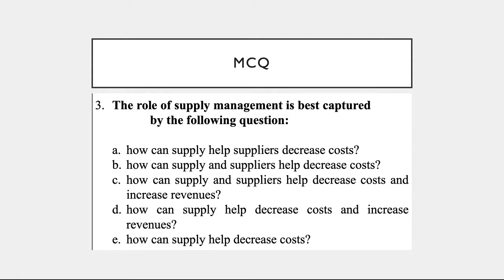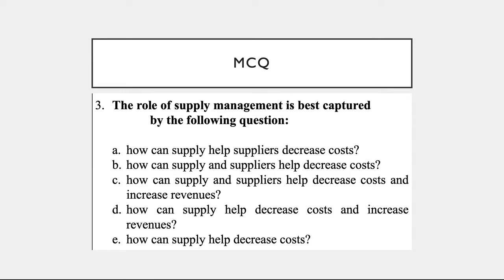The third question: the role of supply management is best captured by the following question. A, how can supply help suppliers decrease costs? B, how can supply and suppliers help decrease costs? C, how can supply and suppliers help decrease costs and increase revenues? D, how can supply help decrease costs and increase revenues?